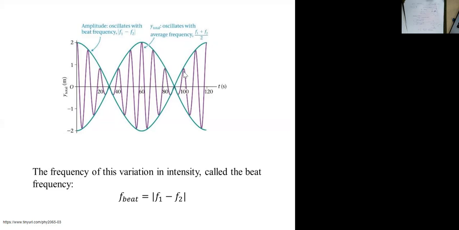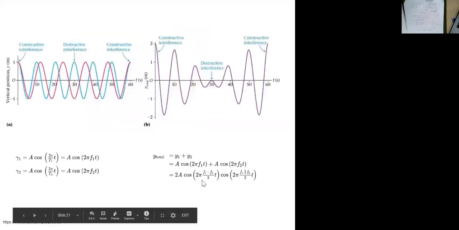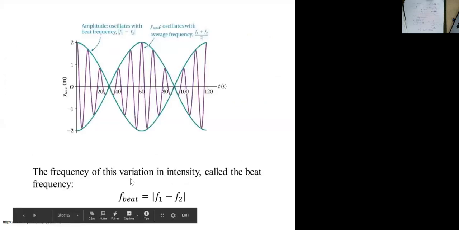That's because the new amplitude is a cosine function, as you saw in the previous slide, so it also oscillates, decreasing and increasing. The frequency variation here is called the beat frequency. Beat frequency is the absolute value of the difference of the two frequencies. So that should be an absolute value.